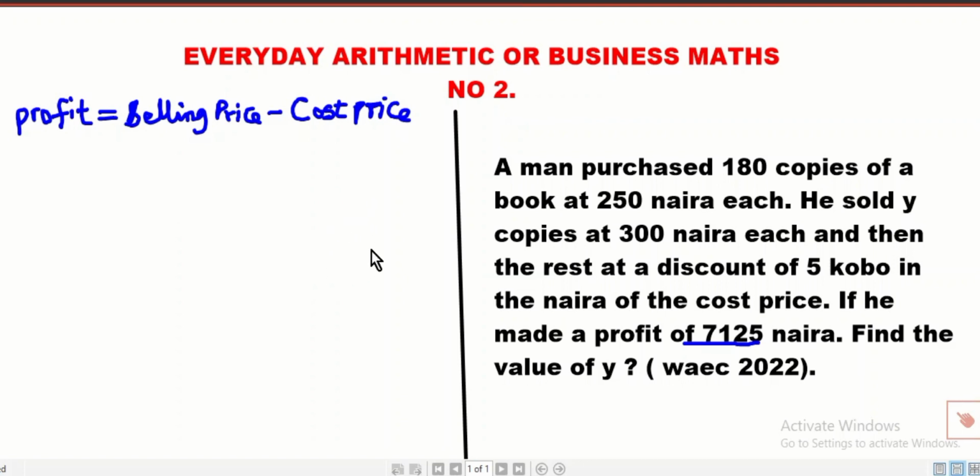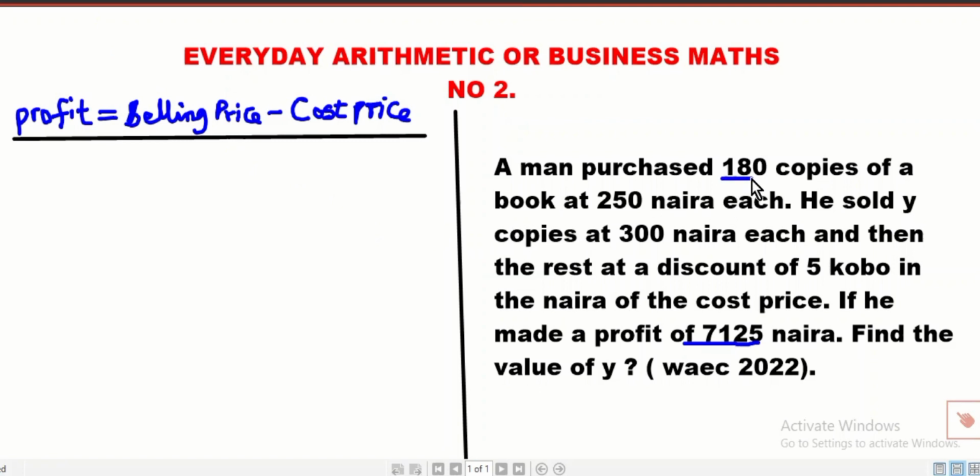However, you do not know the cost price. They didn't give you a cost price outrightly, but you can calculate the cost price. So keep this formula at the back of your mind while we continue trying to crack down or interpret this question.